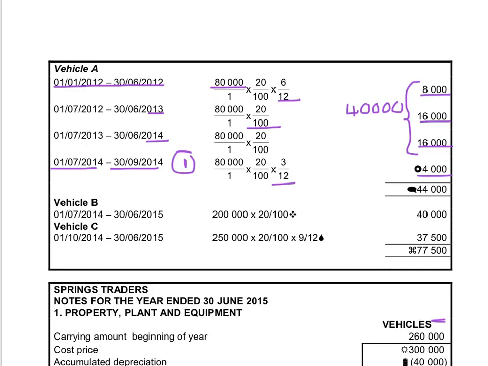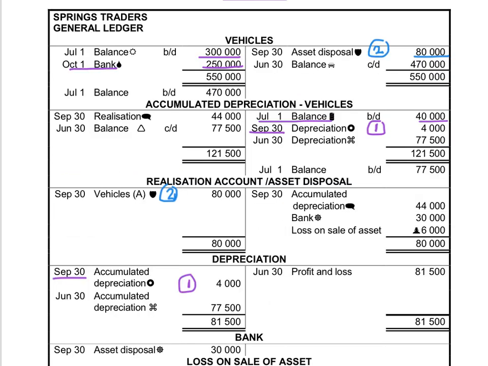Vehicle A, we've written off 40,000 in previous years, plus the 4,000 of the current year. So that means my step number 3 is to record that the total accumulated depreciation written off on this asset from the date of purchase until the date that we sell it is 44,000 Rand.